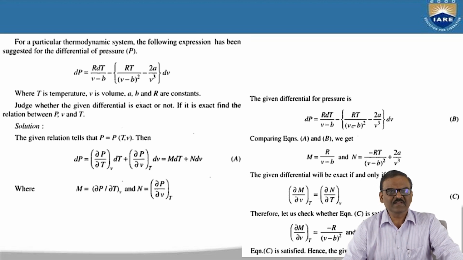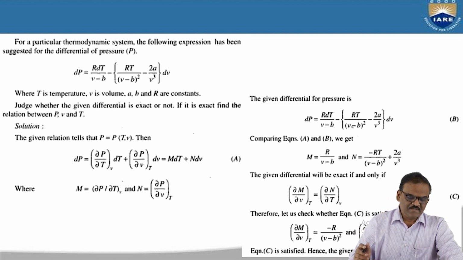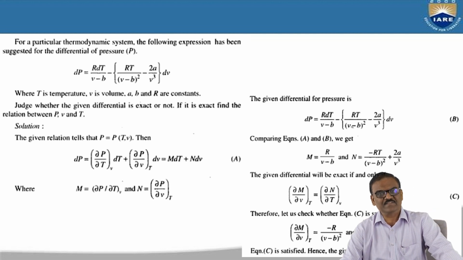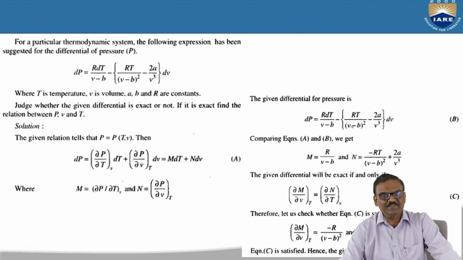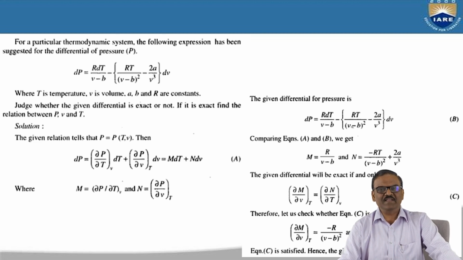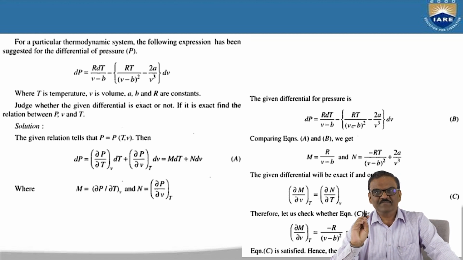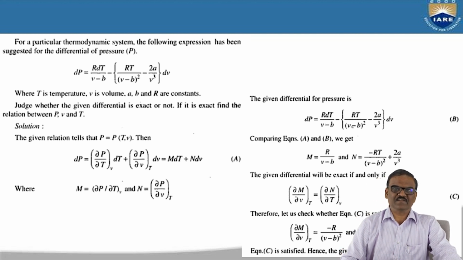The following expression has been suggested for the differential of the pressure, and this is an equation taken from the van der Waals equation, where dp is equal to R dT by (v minus b) minus RT by (v minus b) square minus 2a into v cube into dv, where T is the temperature, V is the volume, A and B are constants called the van der Waals constants or coefficients, and R is called the universal gas constant.